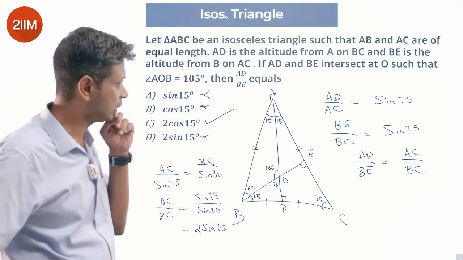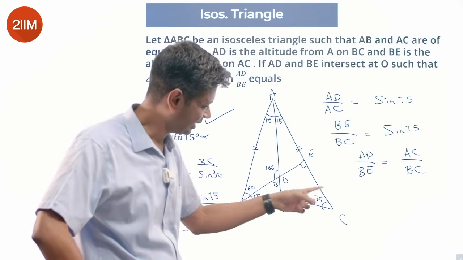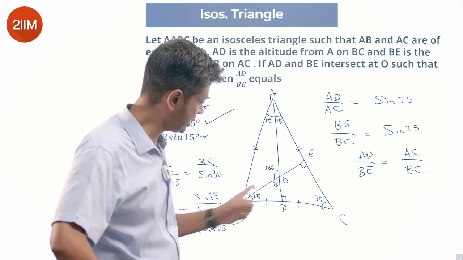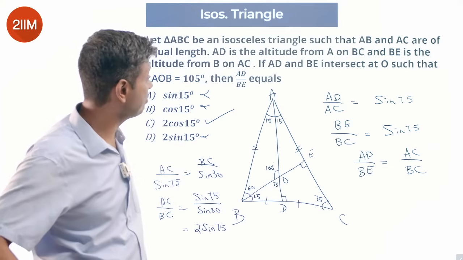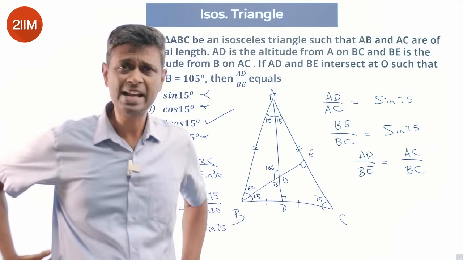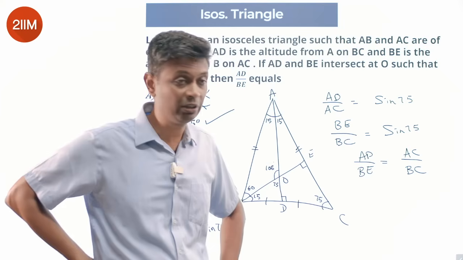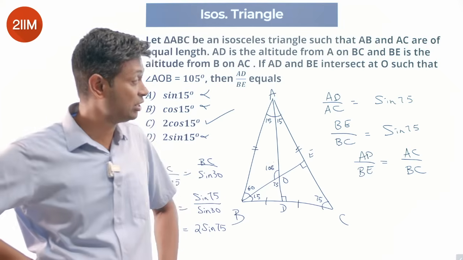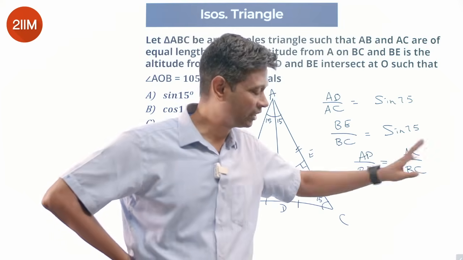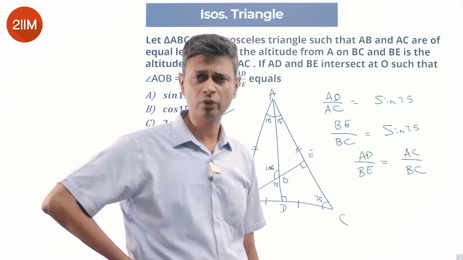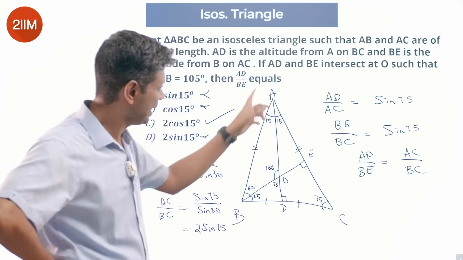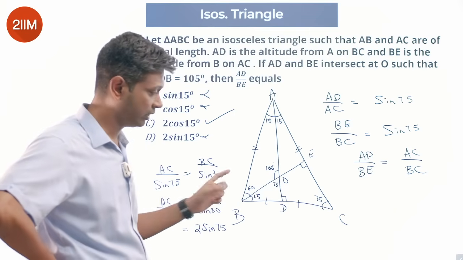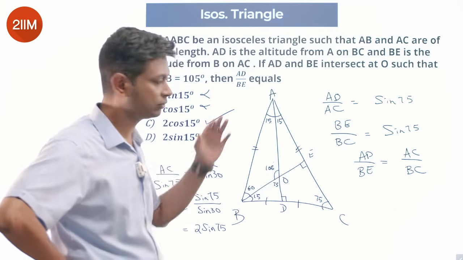What are we doing here? We are writing AD by AC as sine 75. We are writing BE by BC as sine 75, opposite by hypotenuse. So AD by BE is what we want to find. AD is AC sin 75, BE is BC sin 75. AD by BE is AC by BC. Sin 75 gets cancelled. We need to get the ratio of AC to BC. AC by sine of 75 is BC by sine of 30.